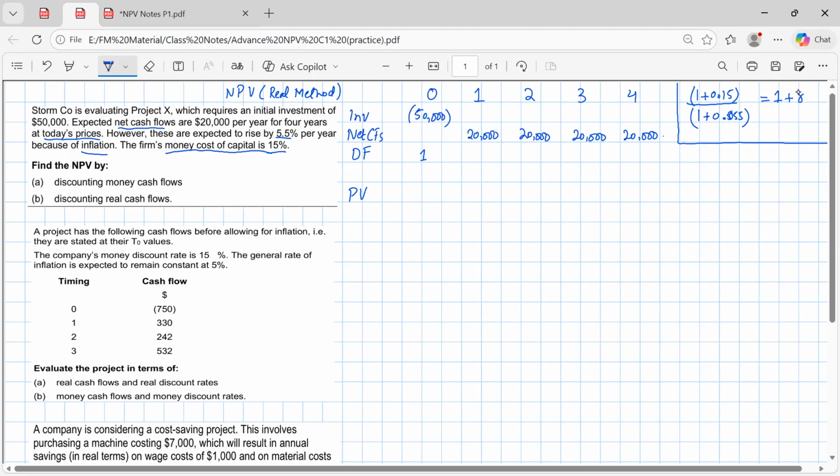Now you have to use the calculator. 1 plus 0.15 is 1.15, divided by 1.055, and you do your calculation as well.